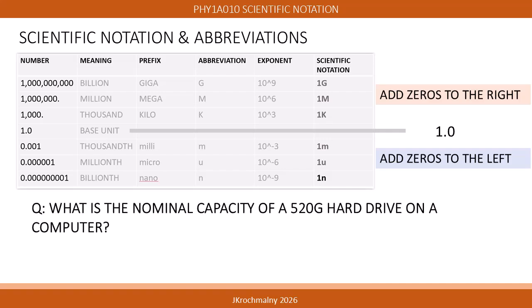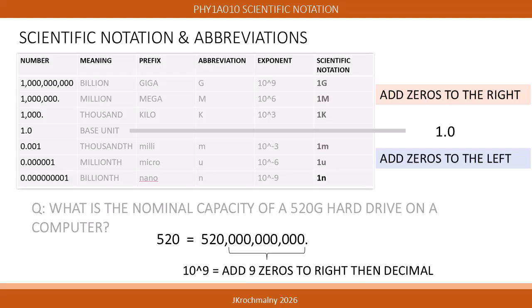Now may be a good time to apply what is being presented here. What would a nominal capacity of a 520 G hard drive on a computer be? Feel free to actually stop this presentation, work out the problem, and arrive at the answer. Notice that 520 G is written in scientific notation as 520 times 10 to the power of 9, or involving 9 additional zeros to the right.